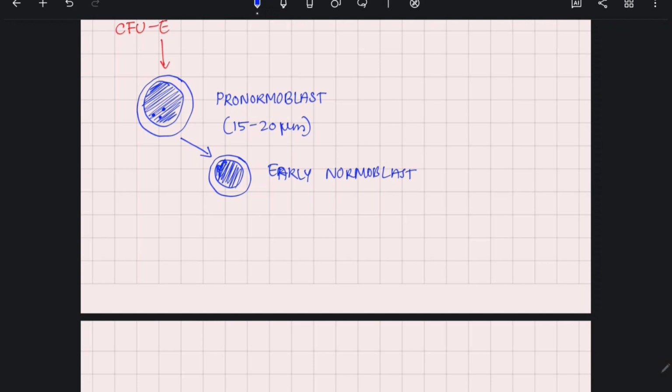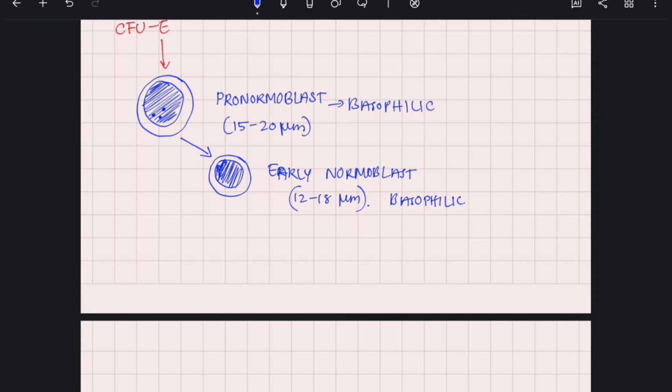Okay, it's around 12 to 18 micrometers in size. It is also rounded. We'll see at the end what the shape of the final cell is. Okay, and the cytoplasm is basophilic. Here it was basophilic, here also it is basophilic, but somewhat less basophilic than the pronormoblast.